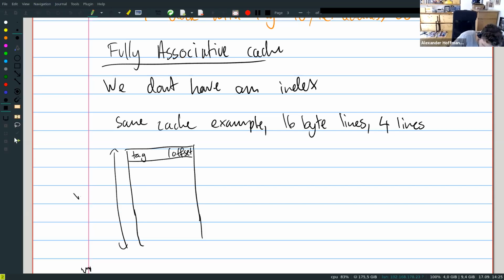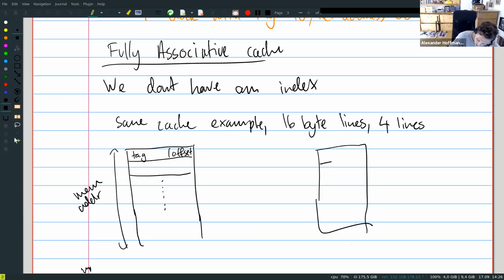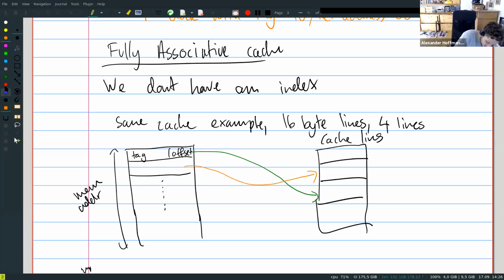And this is like all our memory addresses, all the way down. And these can all just get mapped into cache. So into our 4 lines, these are our cache lines. They can just go completely random. Like this one can come down here, and then this one goes up here. And then if we had another one, this could go up here.